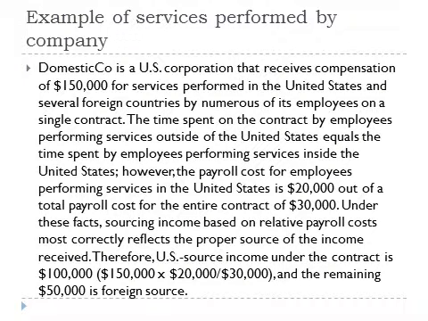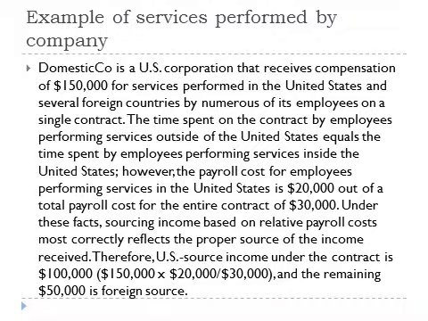Domestico is a U.S. corporation that receives compensation of $150,000 for services performed in the United States and several foreign countries by numerous of its employees on a single contract. The time spent on the contract by employees performing personal services outside of the United States equals the time spent by employees performing services inside the United States.